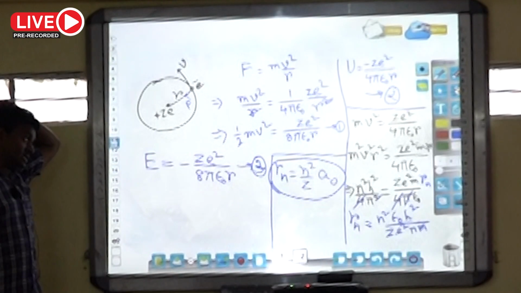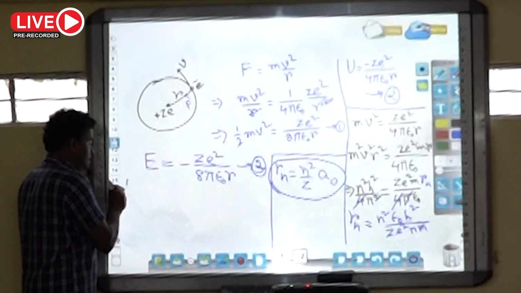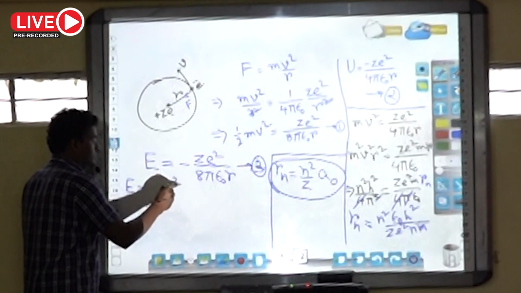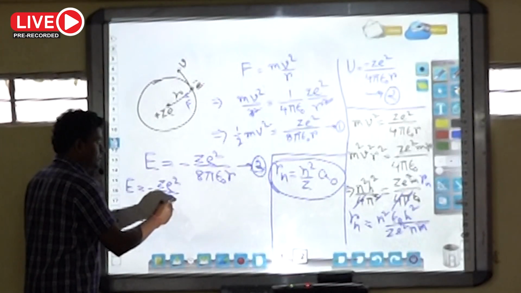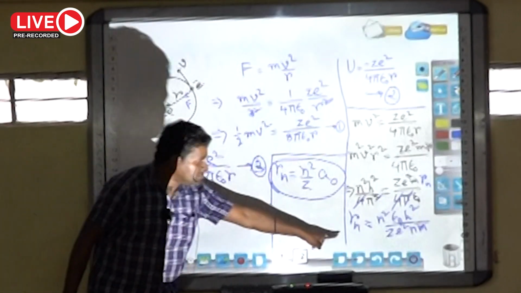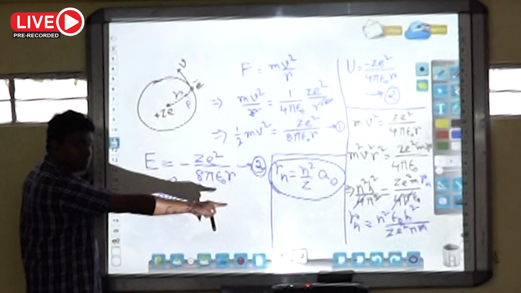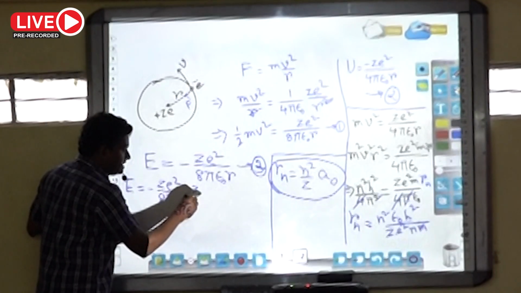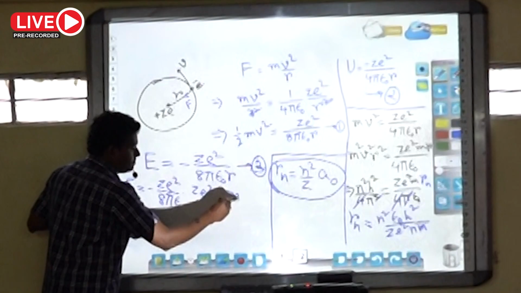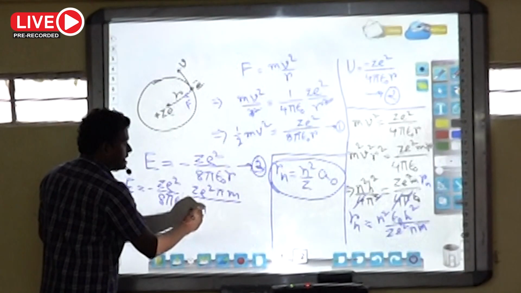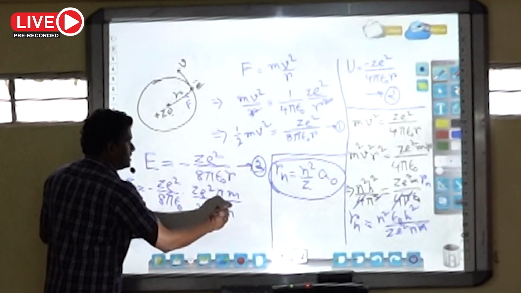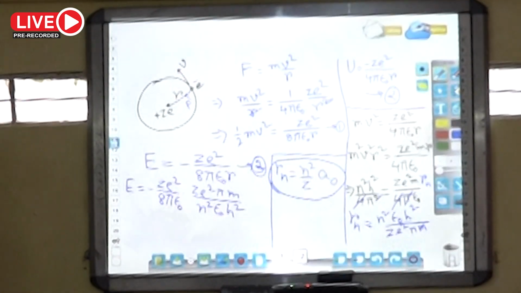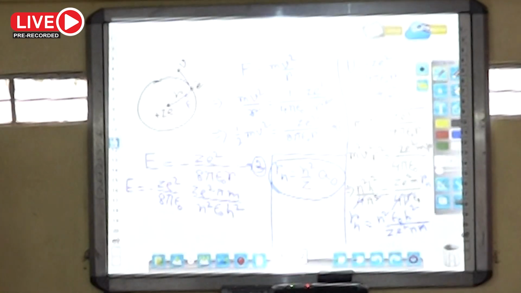E equal to minus Z e² by 8 π ε₀ into 1 by R. So from that expression, write 1 by R. 1 by R means it will be Z e² π m divided by n² ε₀ h².